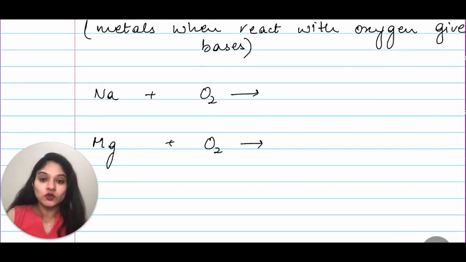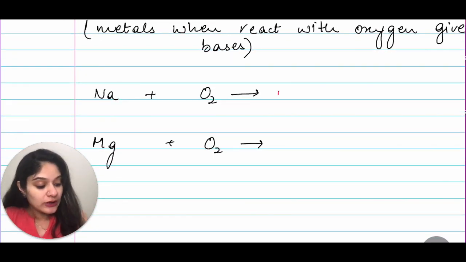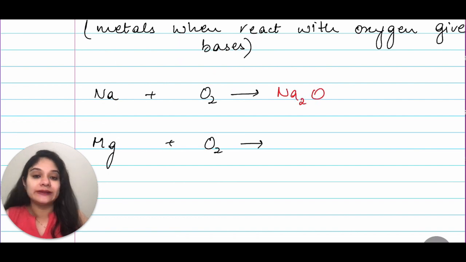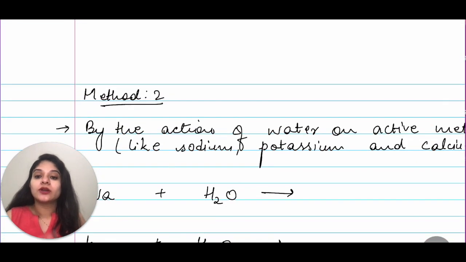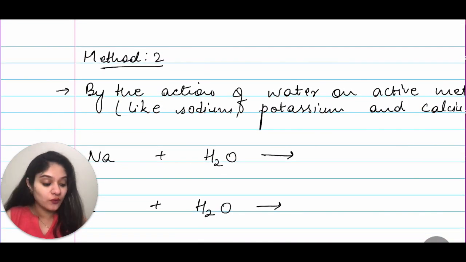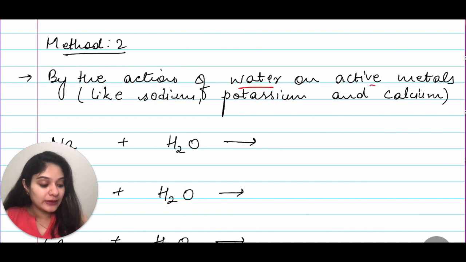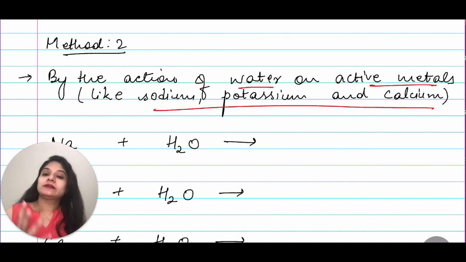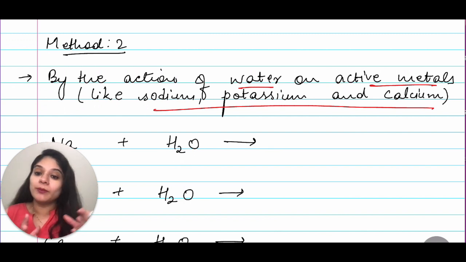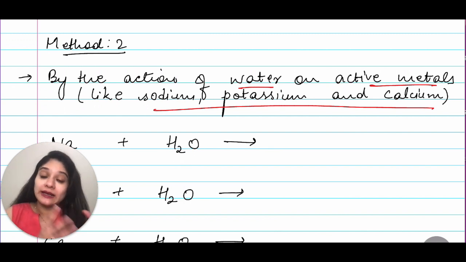That means sodium plus oxygen will give me Na2O, that is a base. Magnesium plus oxygen will give me MgO, that is again a base. Moving on to method number 2, by the action of water on active metals like sodium, potassium and calcium. So you have metals, they combine with water and they give you metallic hydroxides.